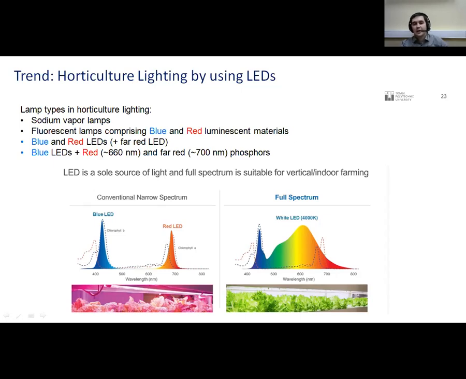They are also a competitive alternative to, for example, gas discharge lamps, like fluorescent lamps or maybe high-pressure sodium lamps. In the next part of my presentation, I will give you some recent examples about how LEDs with different colors and different photon flux density can be used for plant illumination.